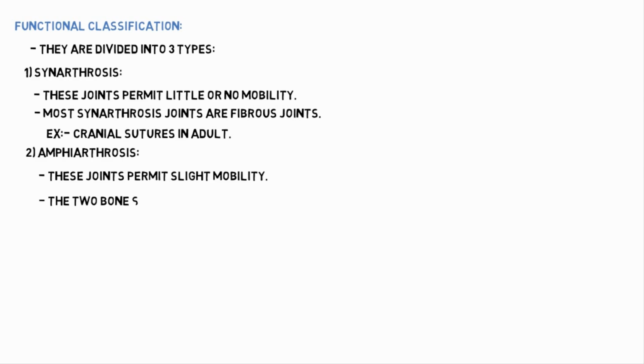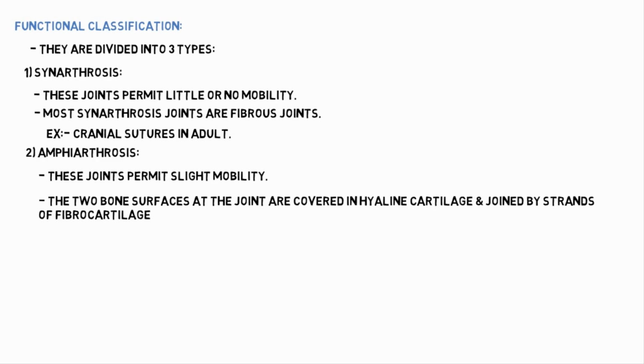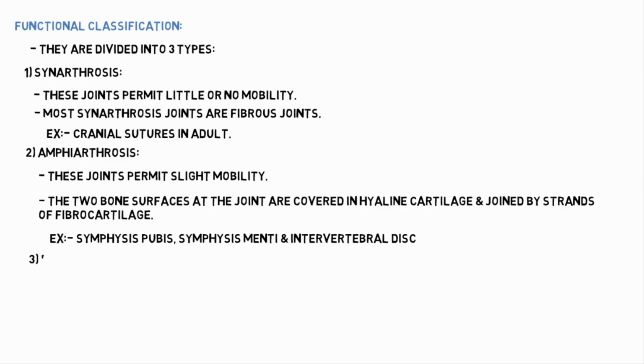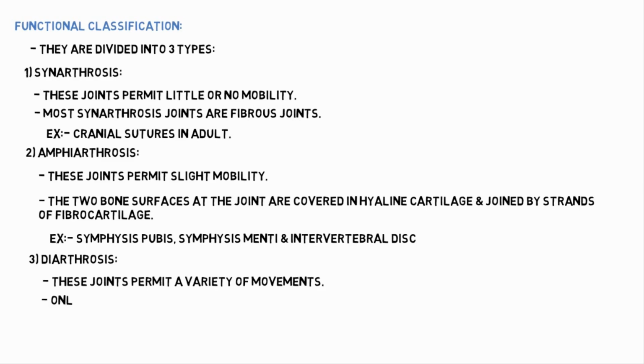The 2 bone surfaces at the joint are covered in hyaline cartilage and joined by strands of fibrocartilage. Examples are symphysis pubis, symphysis menti and intervertebral disc. Third one is diarthrosis. These joints permit a variety of movements. Only synovial joints are diarthrodial. These are the types of joints present in the human body.